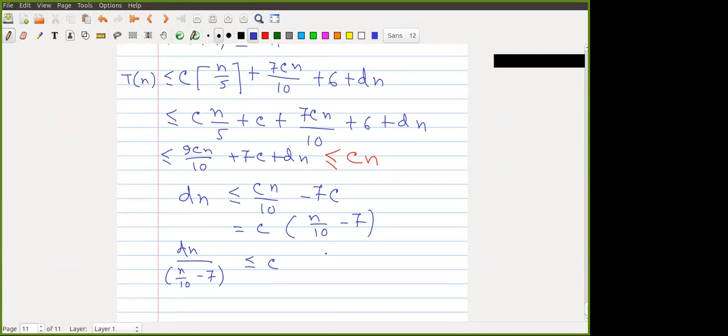So let's assume for the moment that n is greater than or equal to 70 or something. We'll see how it will help. If n is greater than or equal to 70, I can write it as 10Dn by n minus 70, which is less than or equal to C, right?